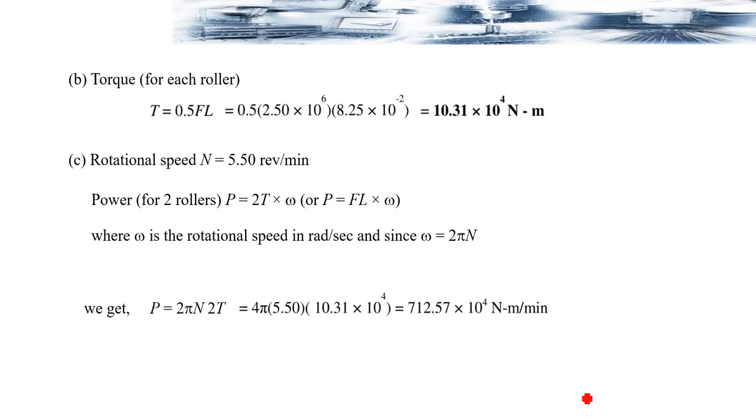And thus we get the value of the power to be equal to 712.57 multiplied by 10 to the power 4 Newton meter per second, which is the unit for the watt. Sorry, not minute. So we found the value for the power required for the rolling process.